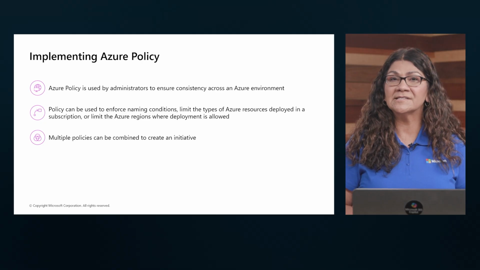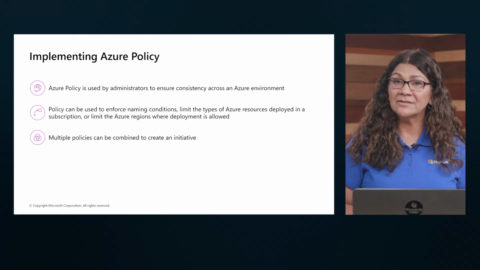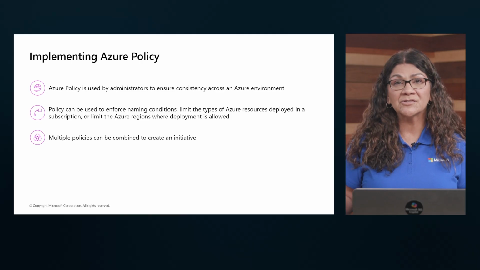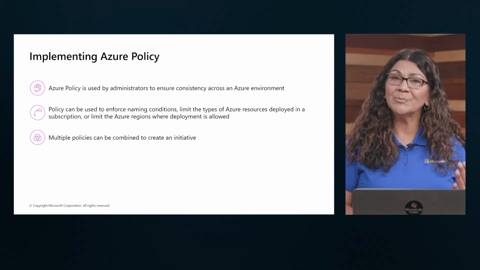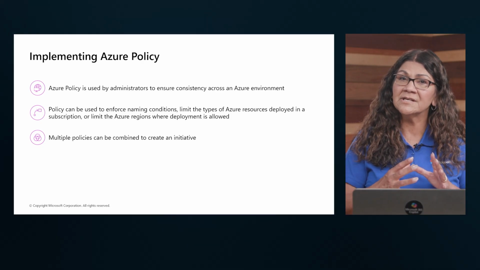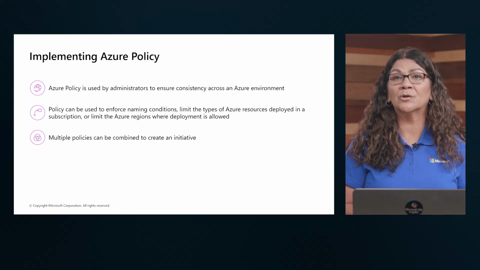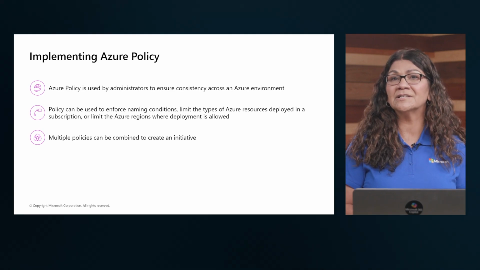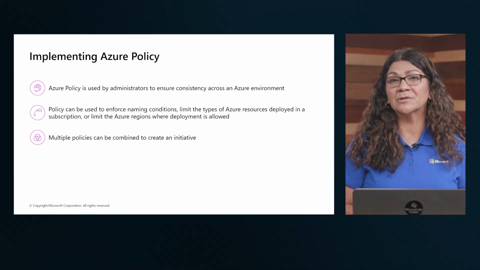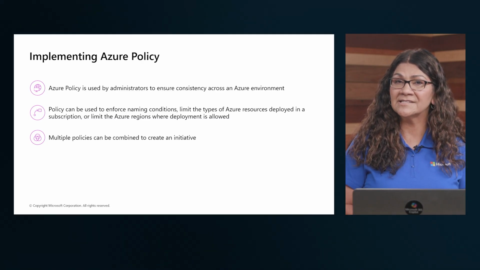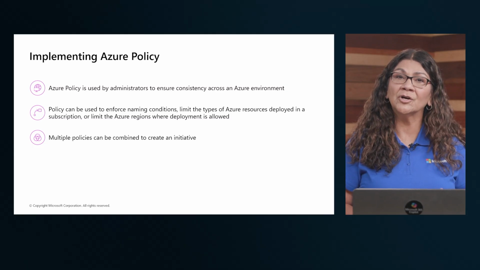It allows organizations to enforce naming conventions, restrict resource types or deployment regions, and combine multiple policies into initiatives for broader compliance goals. The benefit of Azure policy lies in its ability to automate governance at scale, ensuring resources adhere to organizational standards without manual oversight.